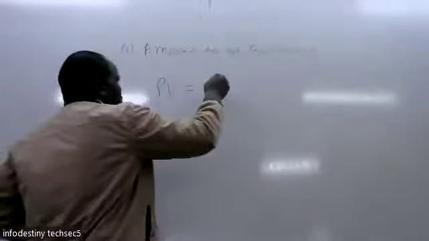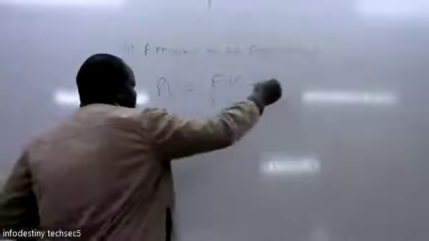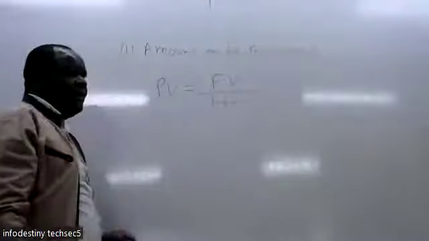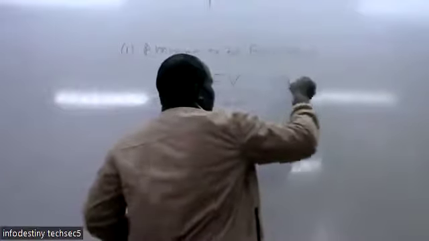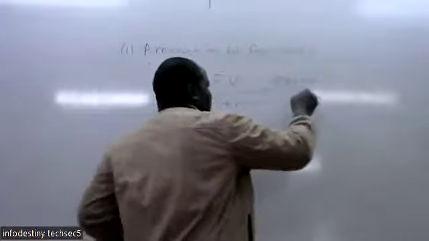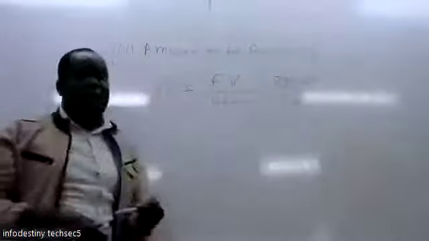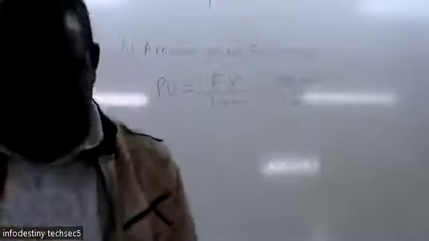It is equal to the future value over 1 plus R. So that future value is 800,000 US dollars. So what is the borrowing rate in the US? It is 12%.